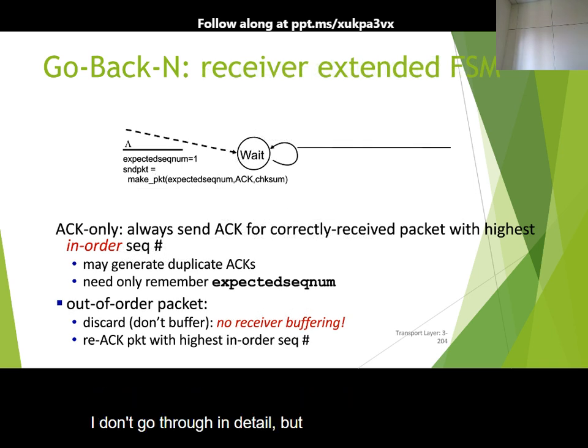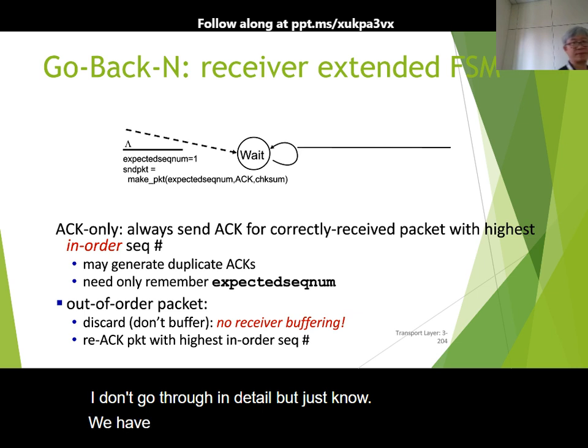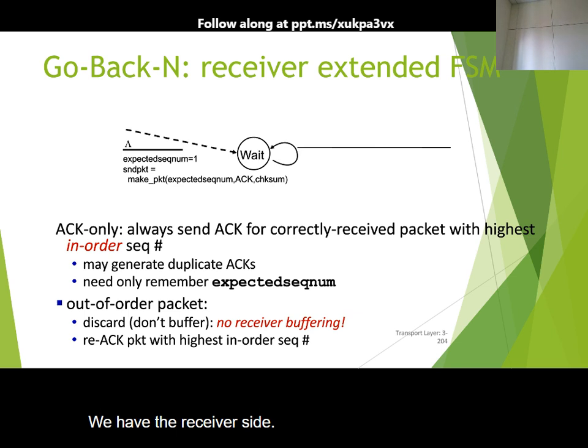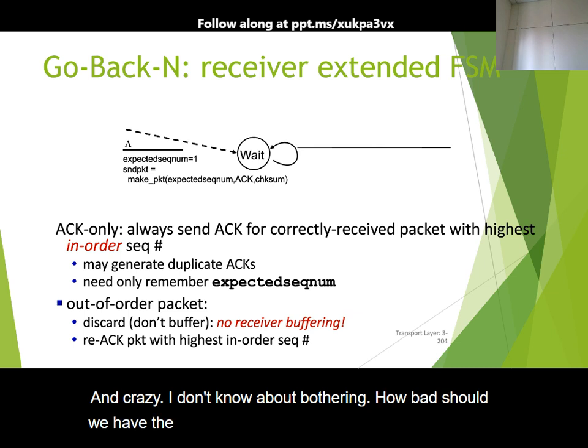And likewise, we can have Go-Back-N, but this time the receiver side. And quickly, I let you know about buffering. For Go-Back-N, should we have a buffer size? I let you have one for the oldest one you want to maintain.